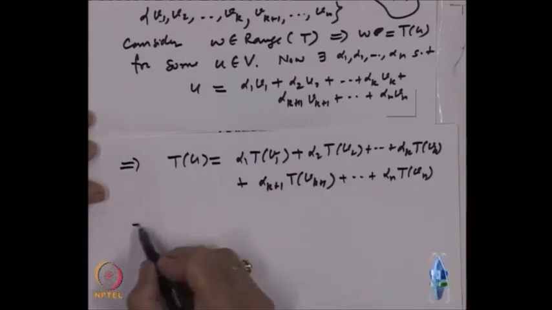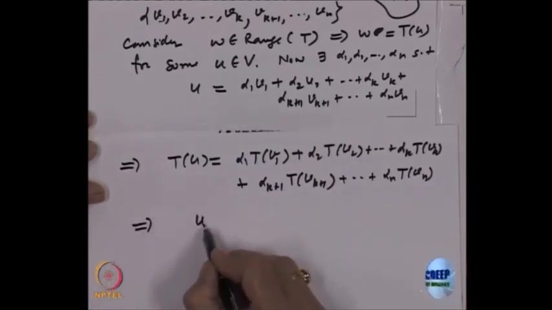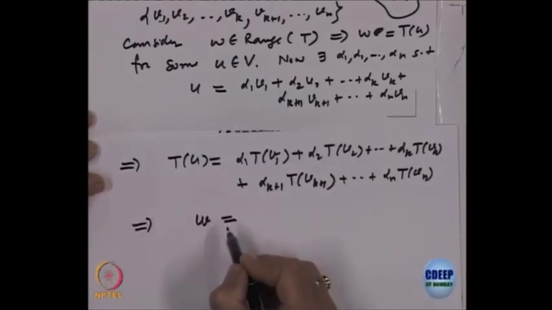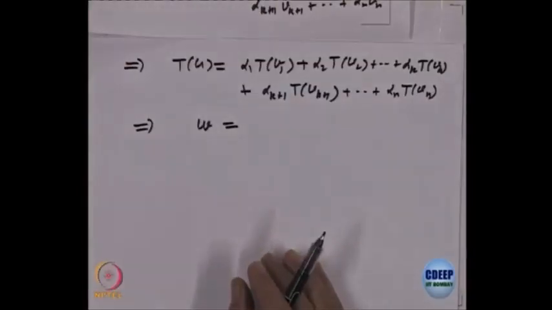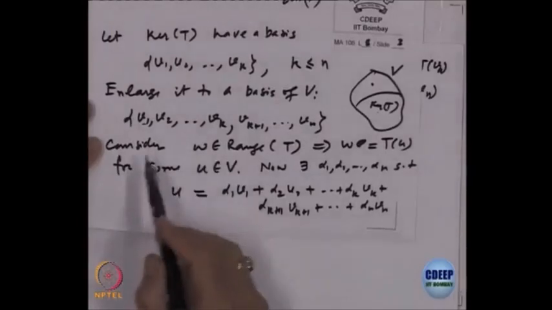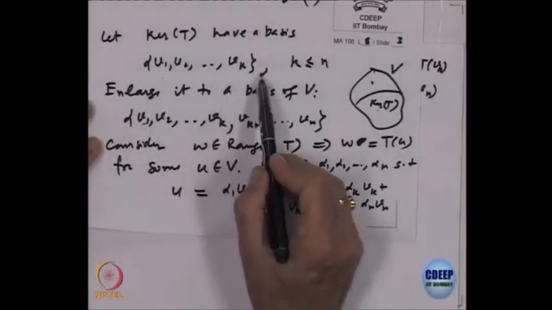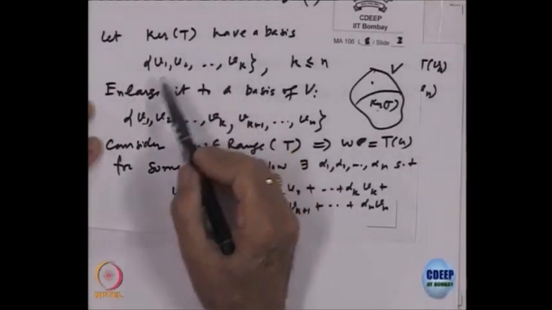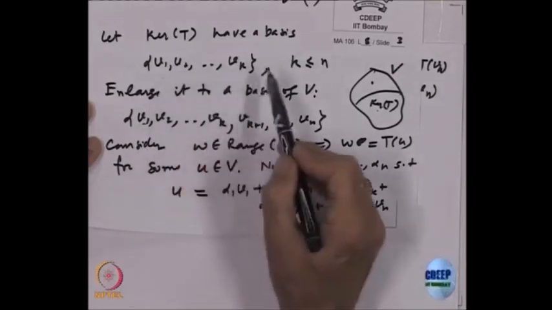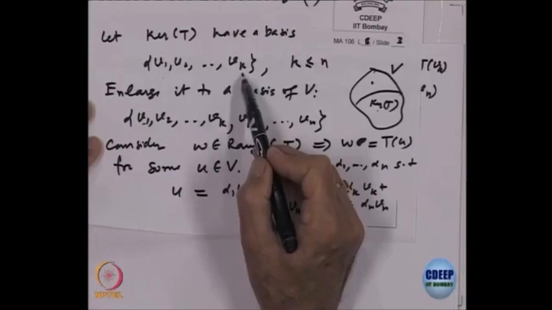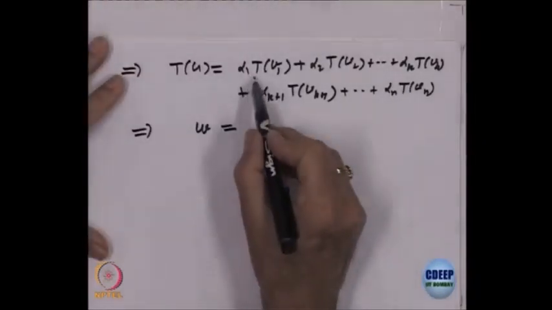Right. So, that implies what is T of U, that is W, right. So, W is equal to T of V 1, where is V 1, these form a basis of the kernel. So, what is T of V 1, 0, T of V 2 is 0, up to T of V k, they are all 0. So, let us use that fact, this is 0.